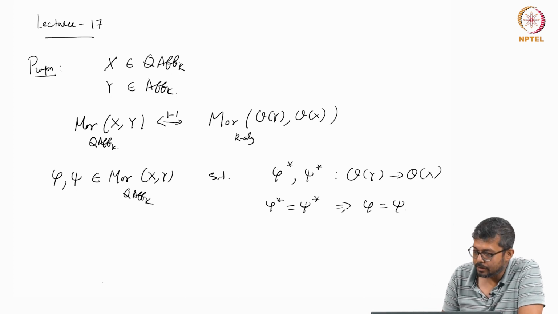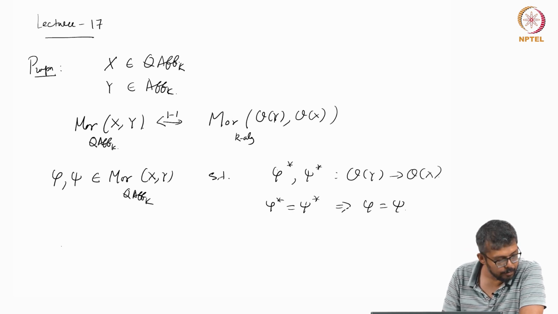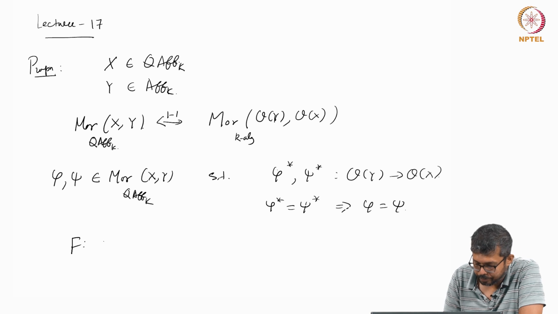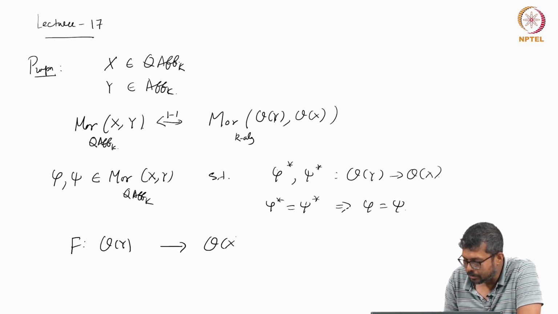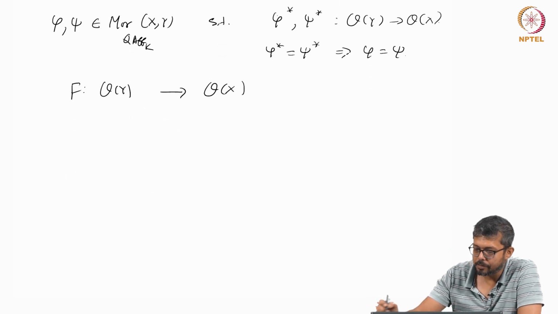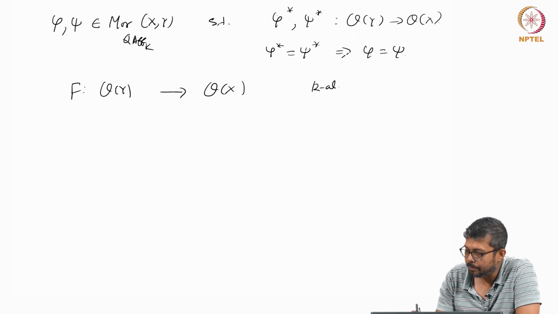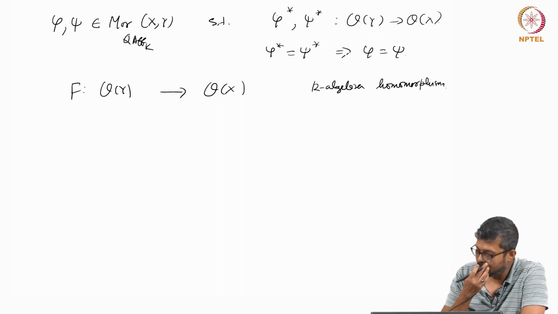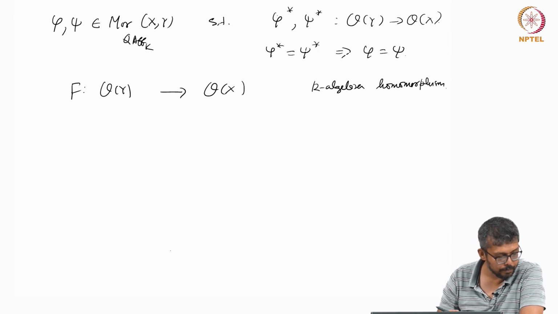So this is the injective part, and the surjective part is that if you take something in the map from OY to OX, you want to construct a map from X to Y, or K-algebra homomorphism, and you want to produce some phi.